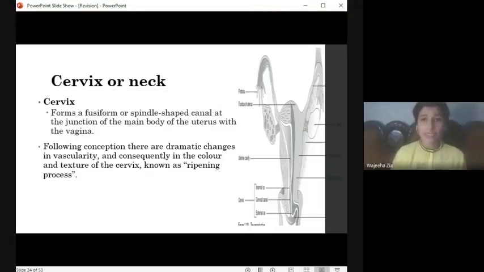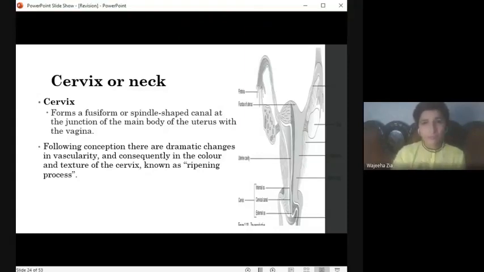In case of conception, there will be a rapid change in the structure and the color of the cervix. It becomes different in consistency. It becomes thickened, the vascularity changes, and the color becomes more bluish.